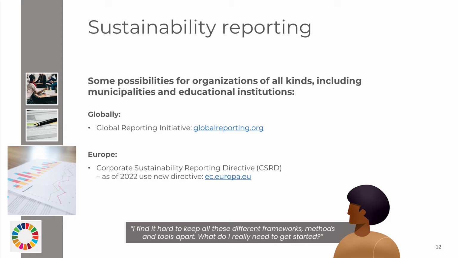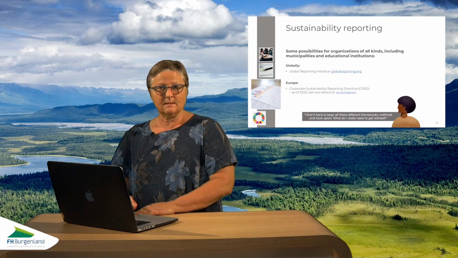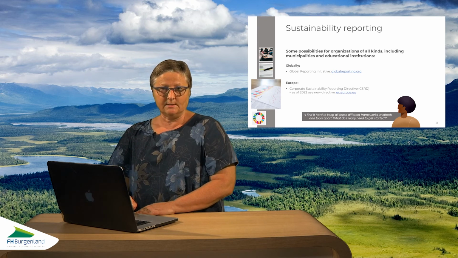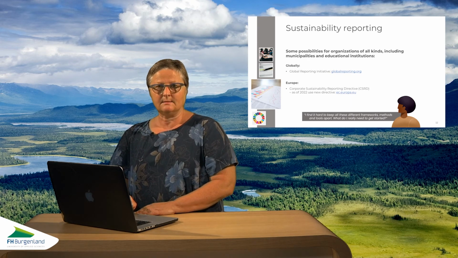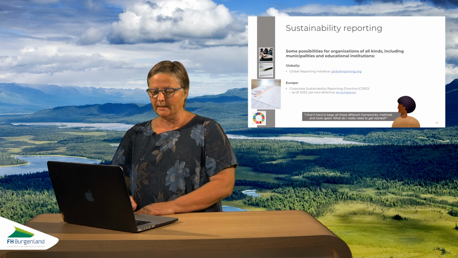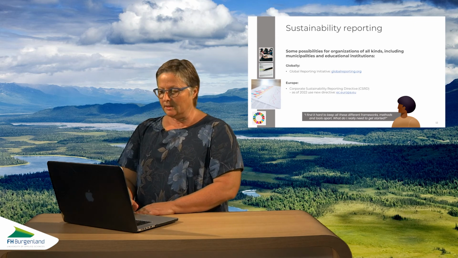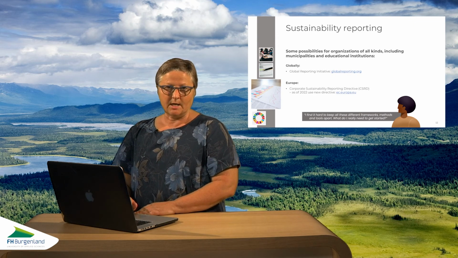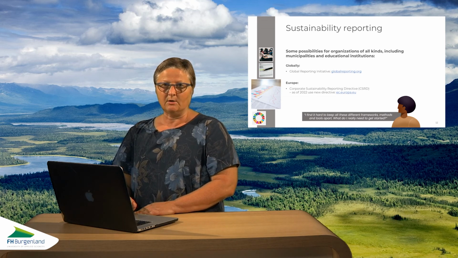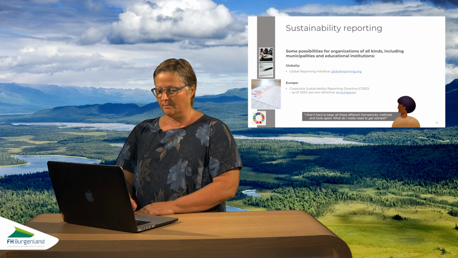And in Europe, we have in particular the CSRD, that's the Corporate Sustainability Reporting Directive, and a new one will be coming out in 2022 that gives a mandate to all organizations in Europe that they must complete a sustainability report according to a particular standard that shows us the progress that we all are making and also allows us to compare that progress to other organizations in Europe.